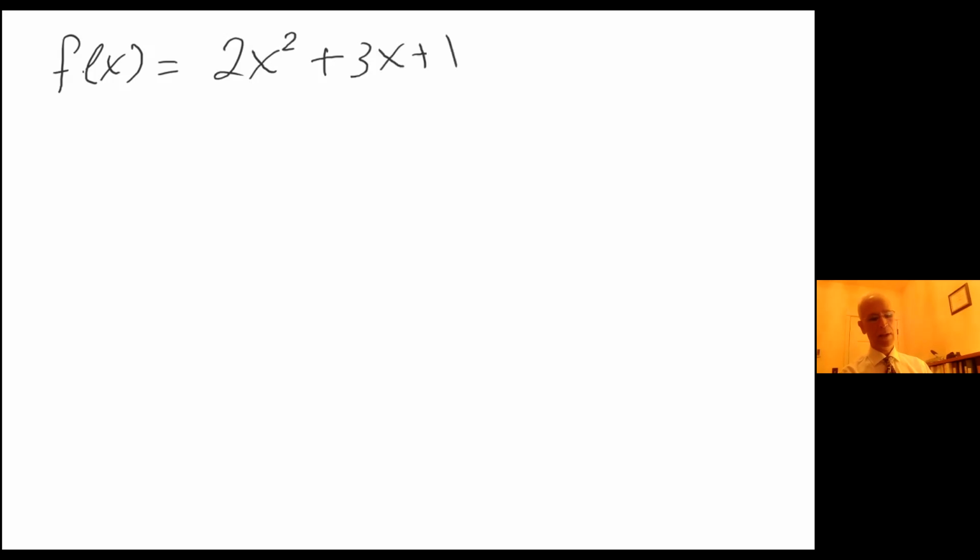So the first thing is that several of you made a mistake. Let's say I have f of x equals 2x squared plus 3x plus 1, and the question is asking, find f of 3x plus 2.